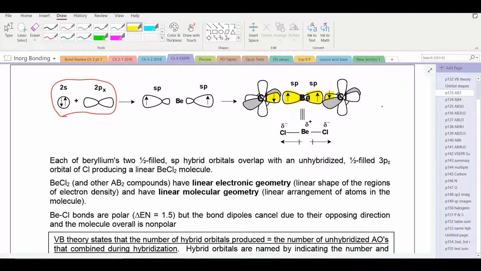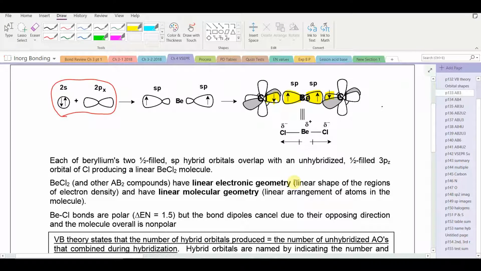Each of beryllium's 2 half-filled sp hybrid orbitals overlap with an unhybridized half-filled 3pz orbital of chlorine, producing a linear BeCl2 molecule. Now, BeCl2 and other compounds of the same type, AB2, will have a linear electronic geometry.